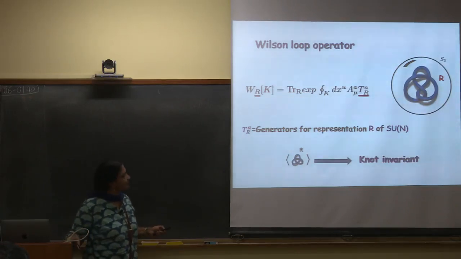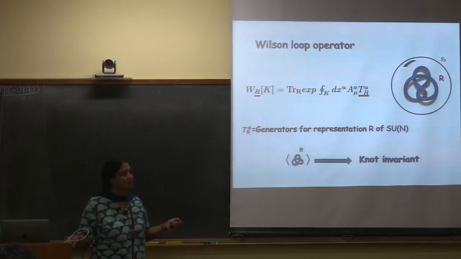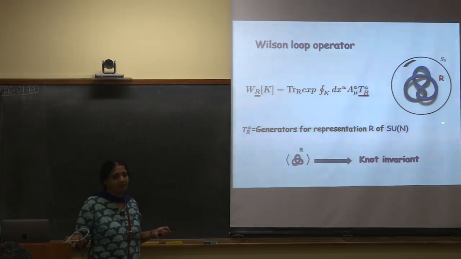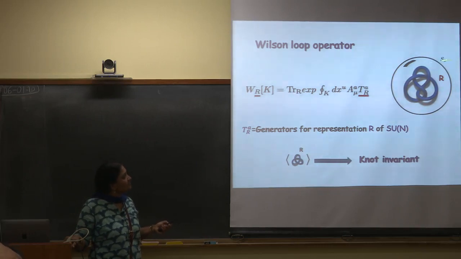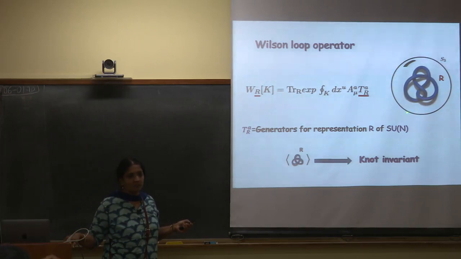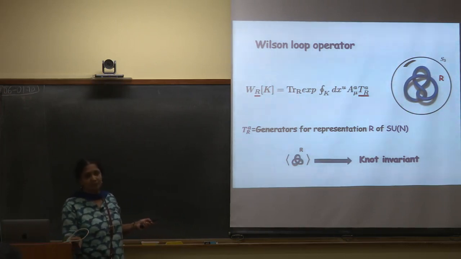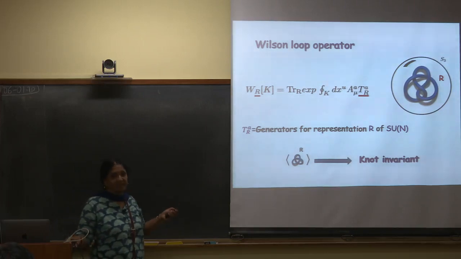So, for example, I have drawn a figure 8, which is what they call it in the knot table literature, or they denote it by 4 subscript 1. You can take this knot and put it inside the S3, and you can take this knot carrying a representation R of the gauge group, and let us confine ourselves to SU(N) for clarity.